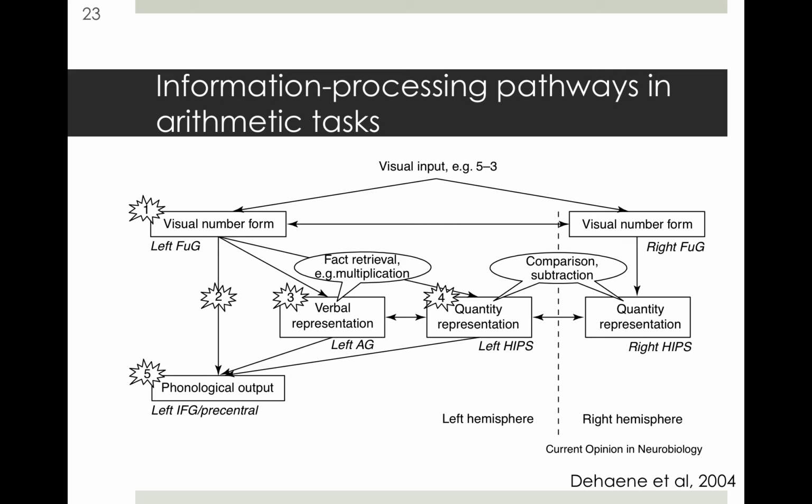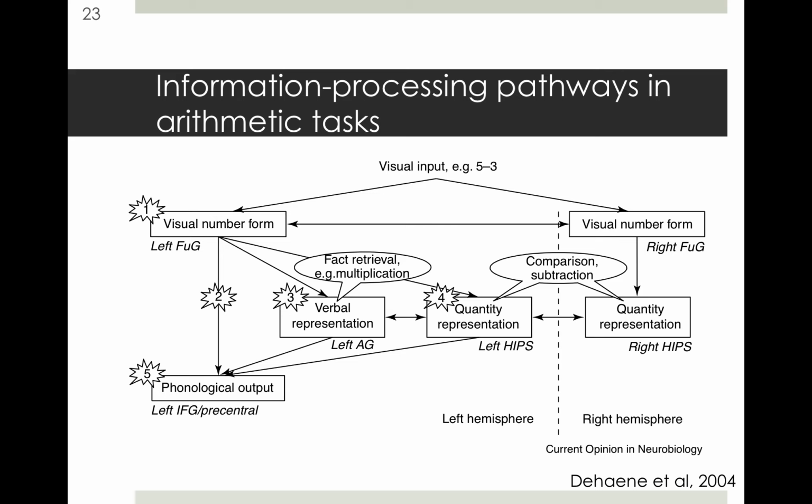And so the underlying brain network, there's quite a busy slide here, but generally it's supposed to be a mostly left hemispheric process. And a couple of major hubs include the IPS, the intraparietal sulcus, which is part of the parietal lobe.